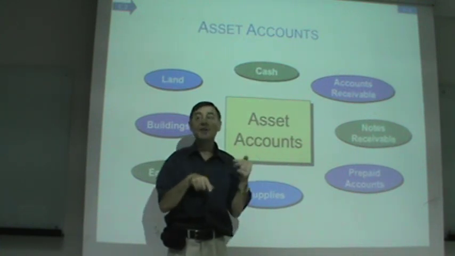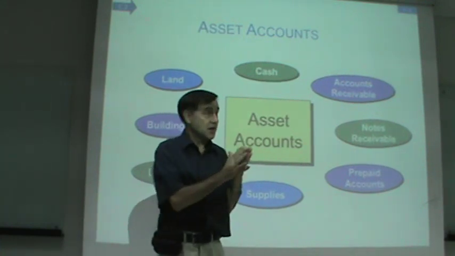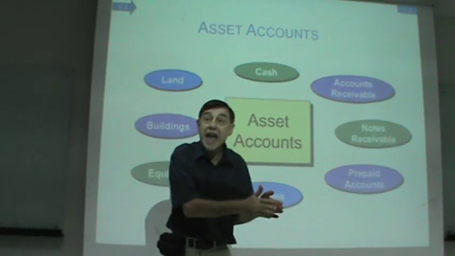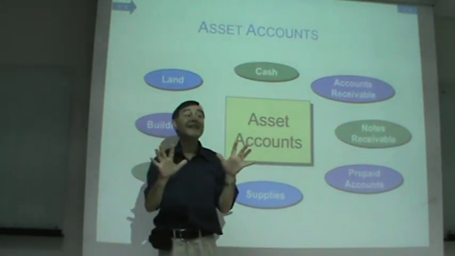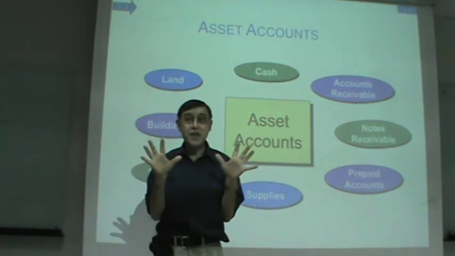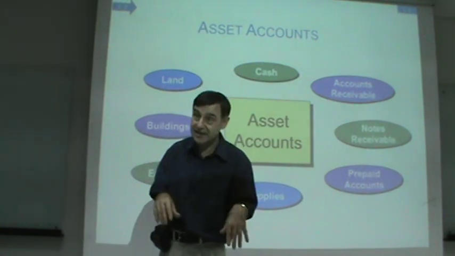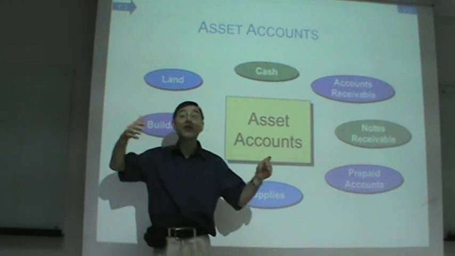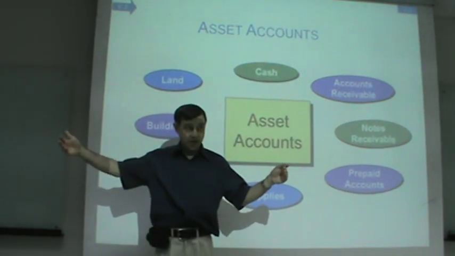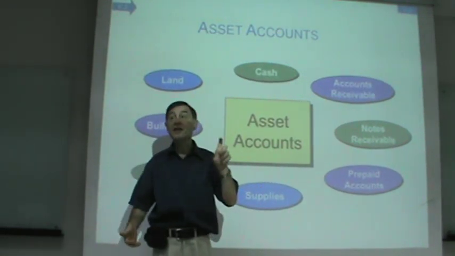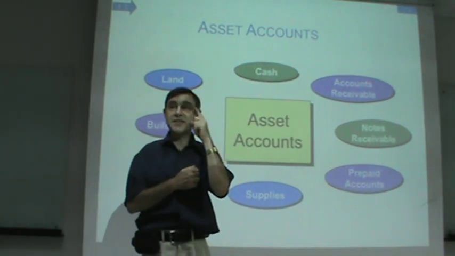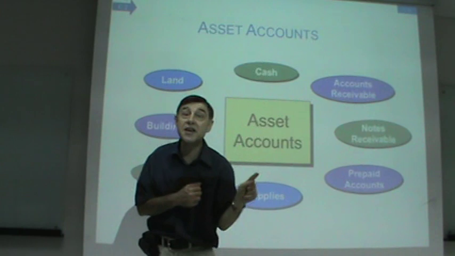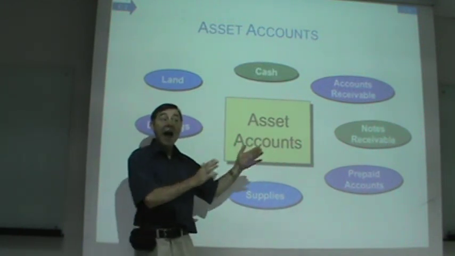The one example that I give you is the school year begins and you pay your dorm rent for 10 months. When you pay for 10 months, let's say 5,000 a month, you pay 50,000 upfront, okay? So when you pay the expense upfront, it is not an expense. It is an asset.